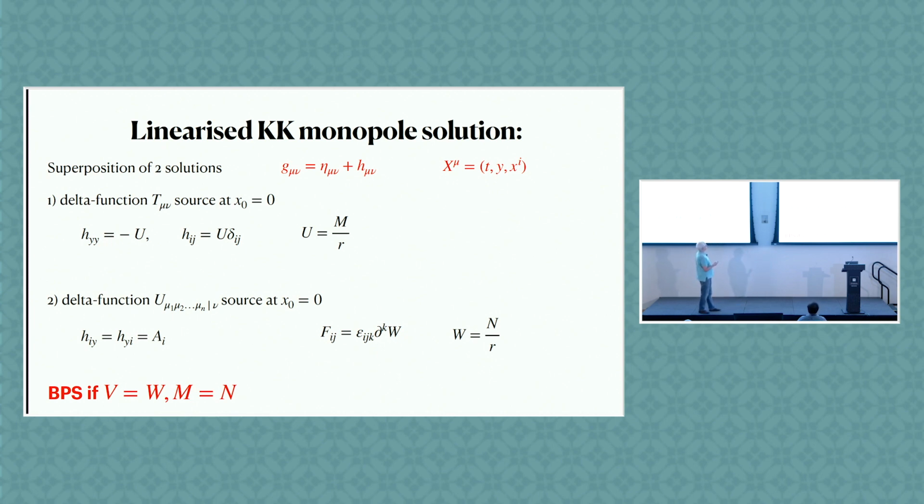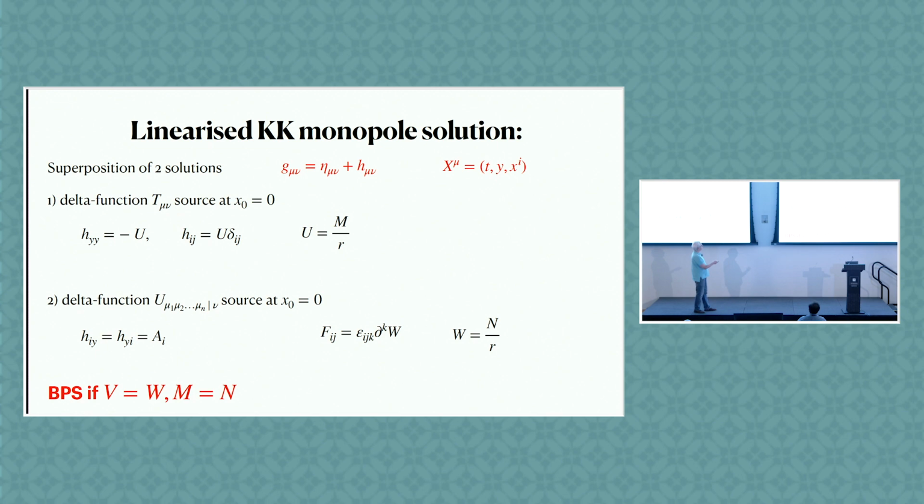And we can think of it as a superposition of two solutions, because it's a linear theory. One is where H_yy is given by minus U, and H_ij is given by U times delta_ij, where U is m over r, where r is the radial coordinate in 3 dimensions.